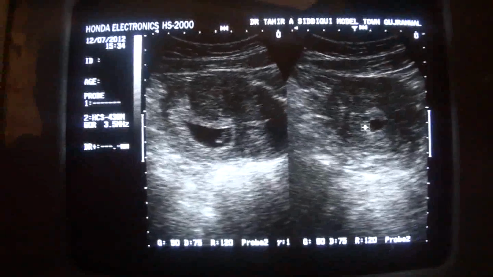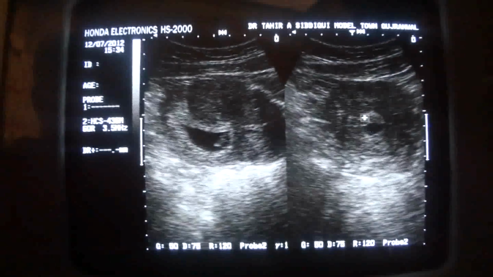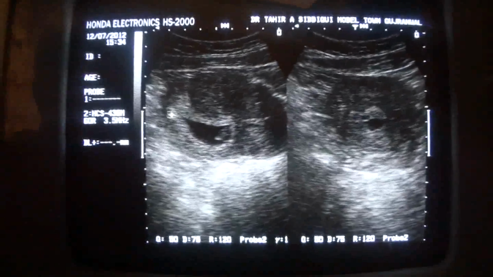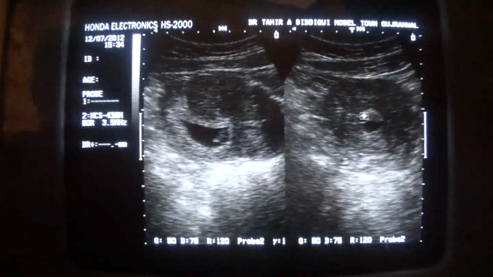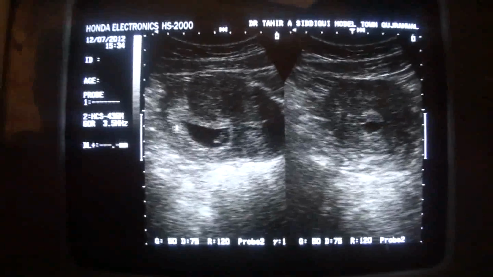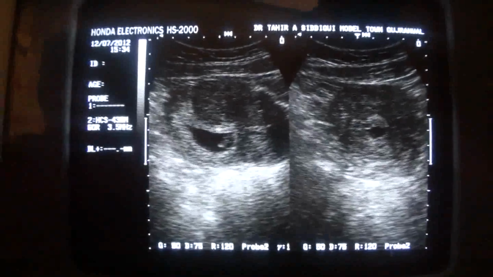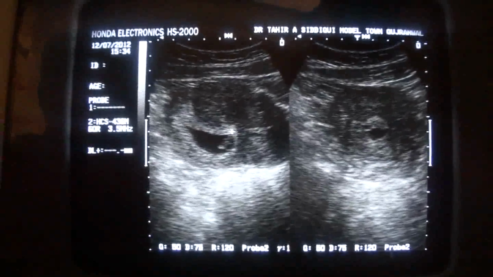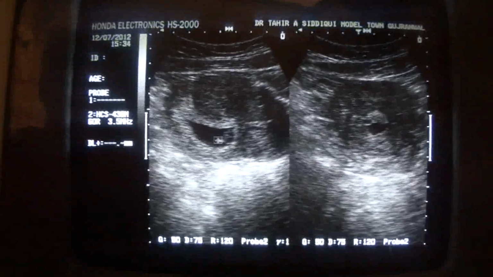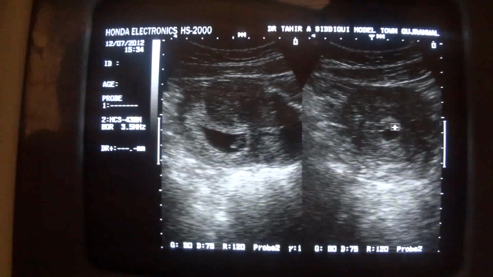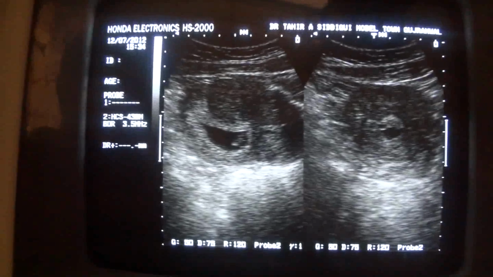This is another sac, and this is the decidual reaction around it. This is one sac, this is the second sac. What is happening is that this is an intact normal pregnancy, and this is a resolving twin. This fetus is being resolved.